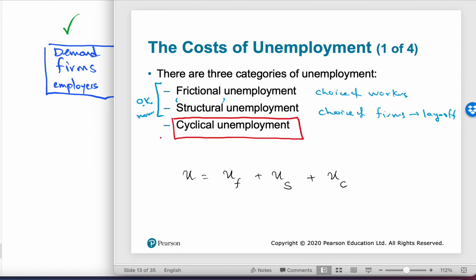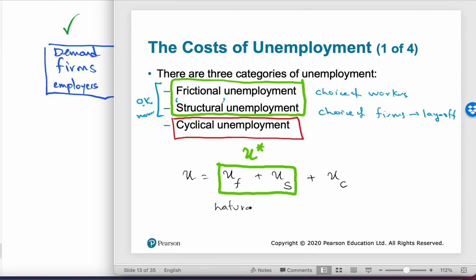It has a high social cost, whereas these two are okay and have minimal cost. Maybe structural unemployment might have a higher cost than frictional, but still it is minimal. Together, these two we call the natural rate of unemployment. I will write it here: natural rate of unemployment.